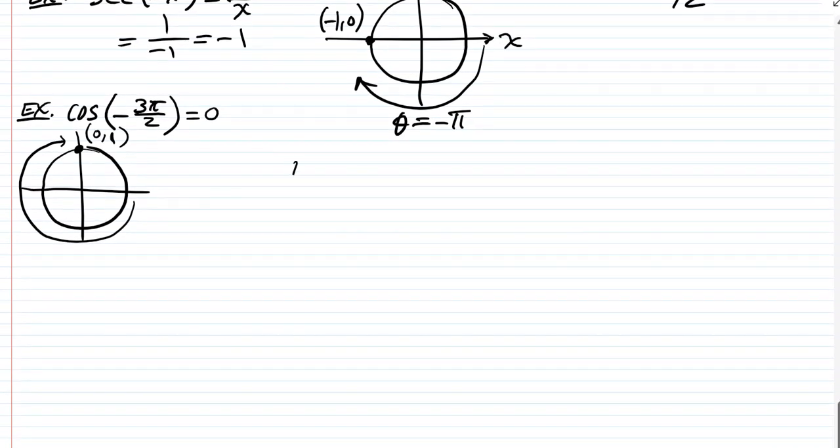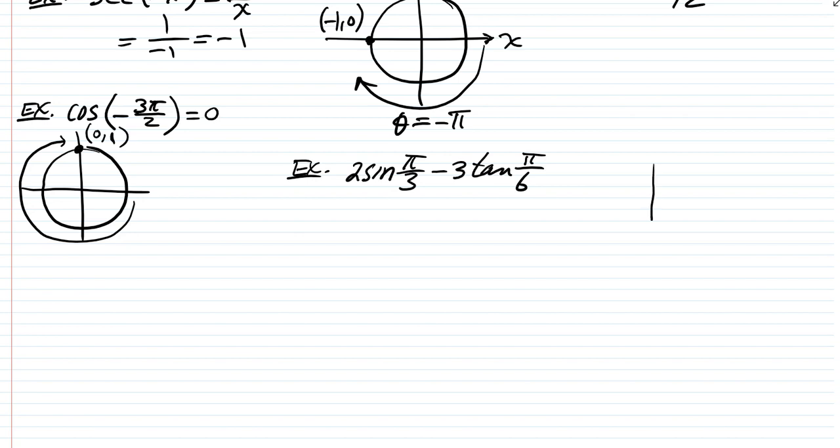Let's do another example. In this next example, suppose I want to evaluate the expression 2 sine of pi over 3, negative 3 tangent of pi over 6. So if I recall the circle that I had for pi over 3, that's 60 degrees, right?